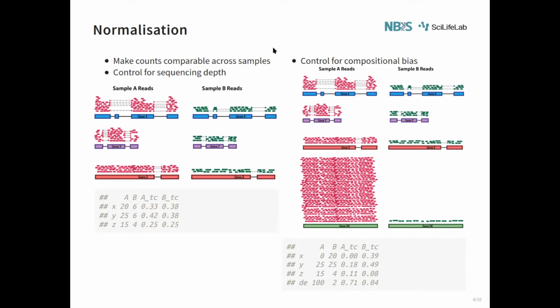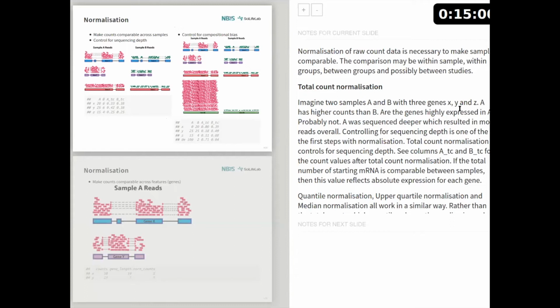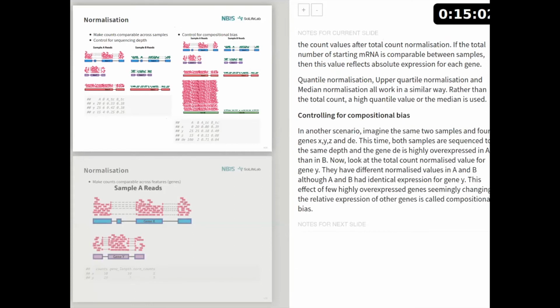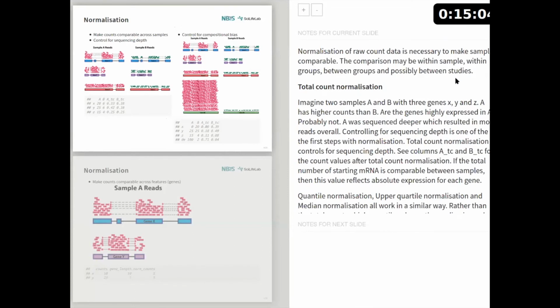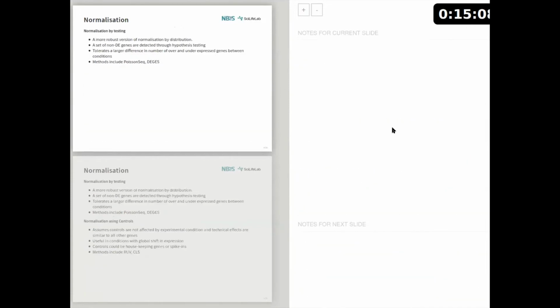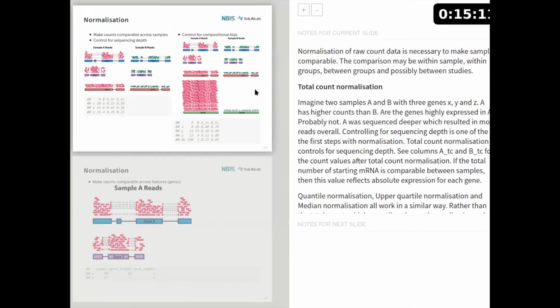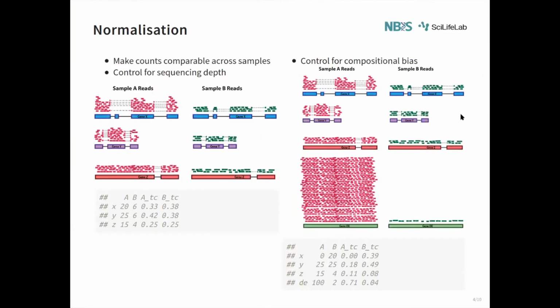In this presentation, if you press P as in Papa, I have added some text which may or may not be helpful, but you're welcome to read through it in your own time, with some explanation of what you see on the slides.